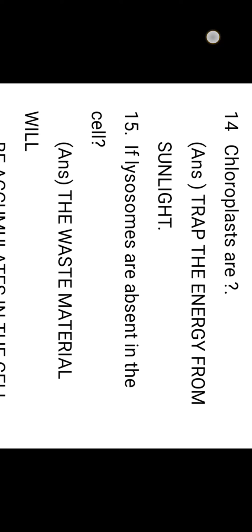It is the site of photosynthesis, the process by which energy trapped from the sun is converted into chemical energy for growth. That is the main function of chloroplasts. They get energy from the sun, and it is converted into chemical energy for the growth of the plants.